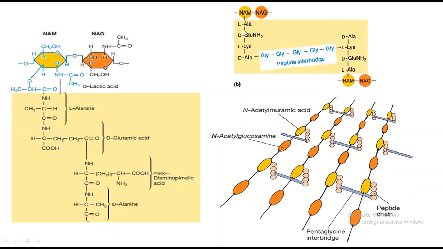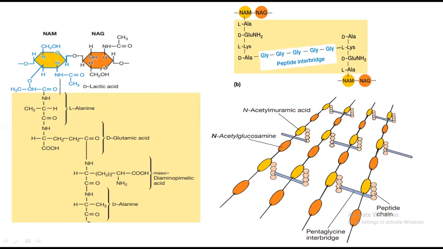Basically, this is the molecular structure of the peptidoglycan layer. This is the main structure. I just added the slide because I want to show you the protein content, the amino acid content in the peptidoglycan layer. Just look here, it is a simple single chain of peptidoglycan.